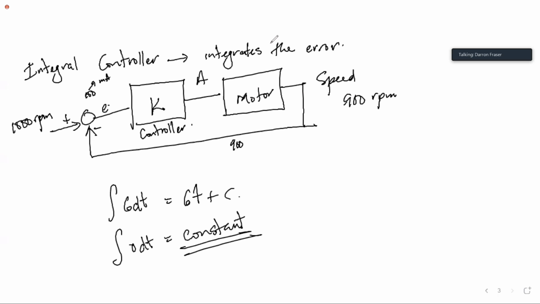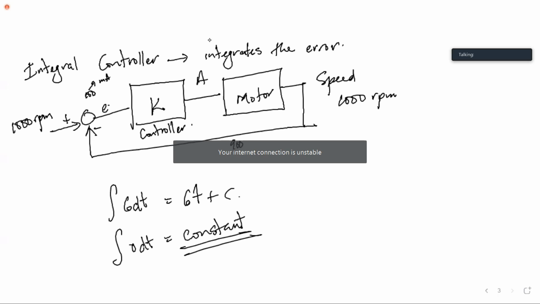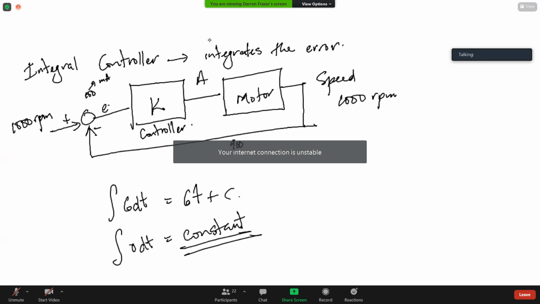Cut a long story short. When you are at 1,000 RPM, what is my error going to be equal to? 0.